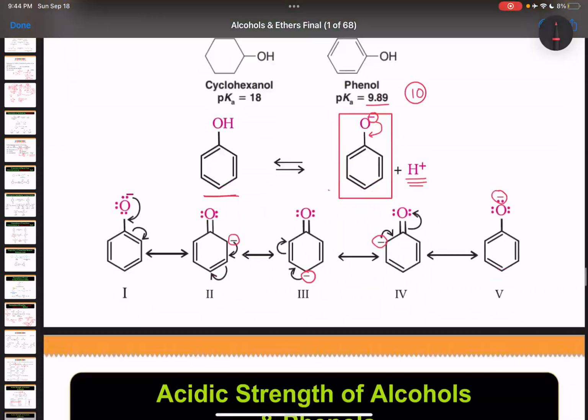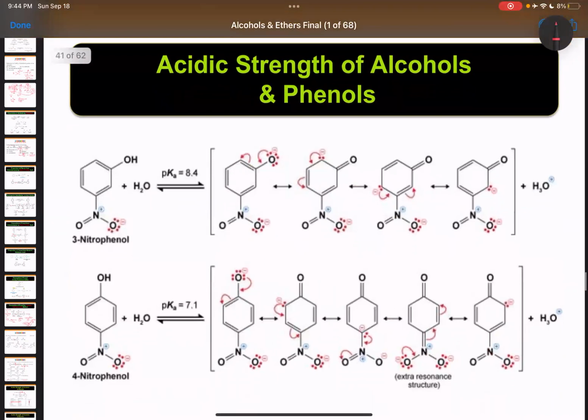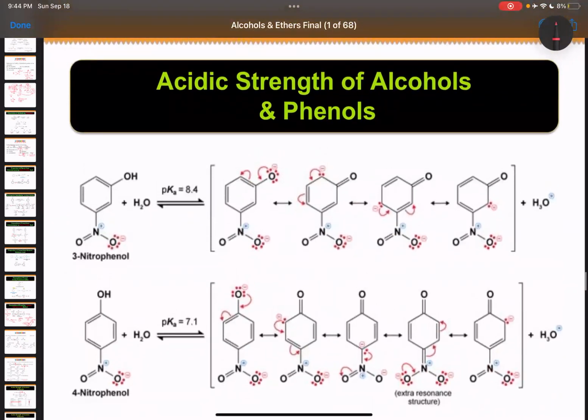And the presence of an NO2 group is going to make the conjugate base phenoxide ion much more stable. But you need to be very careful about the position of the NO2 group, where it is placed with respect to the OH. So where it should be, that will help the phenoxide ion to become more stable.